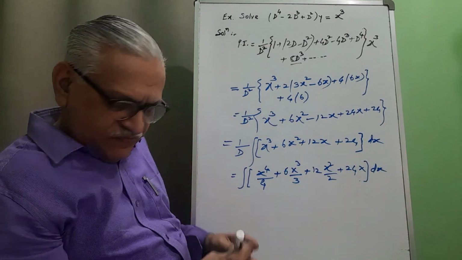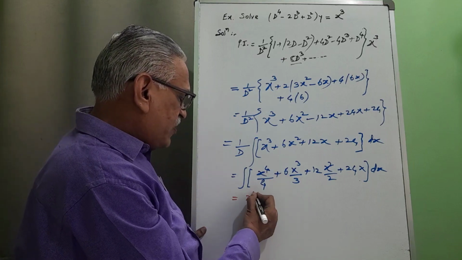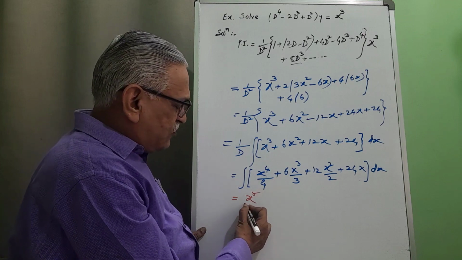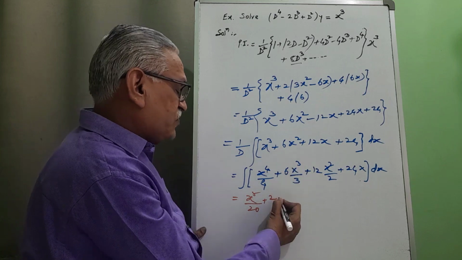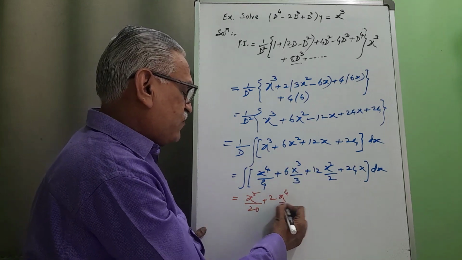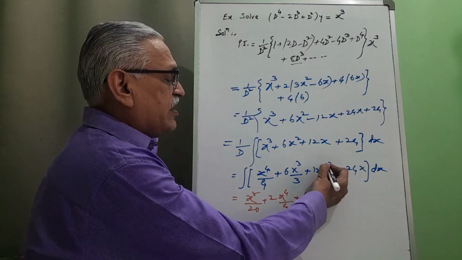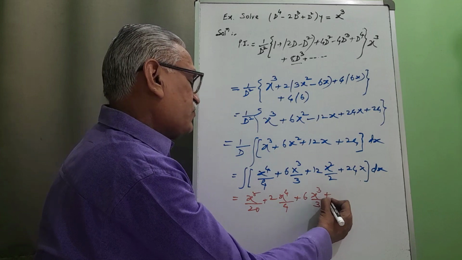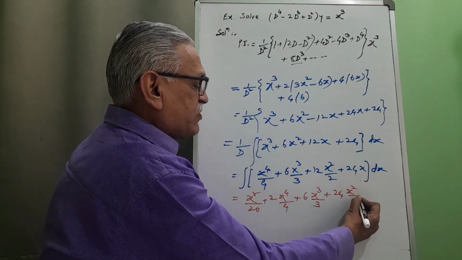And therefore, integration of x raised to 4 is x raised to 5 by 5, and into this 4, 5 4s are 20. Then 6 by 3 is 2 times. Integration of x cube is x raised to 4 by 4, by 2 we get 6. Integration of x square is x cube by 3, plus 24, integration of x is x square by 2.